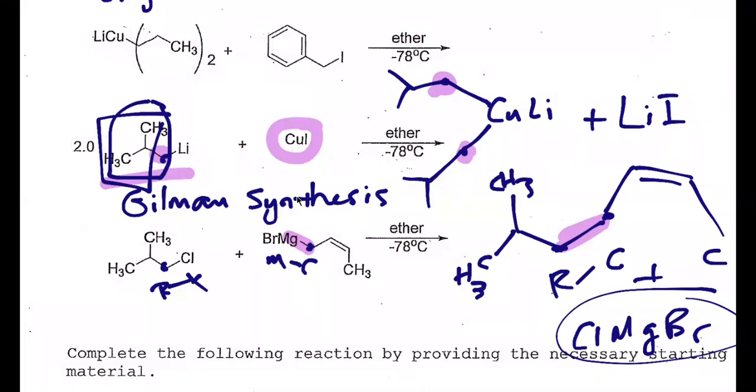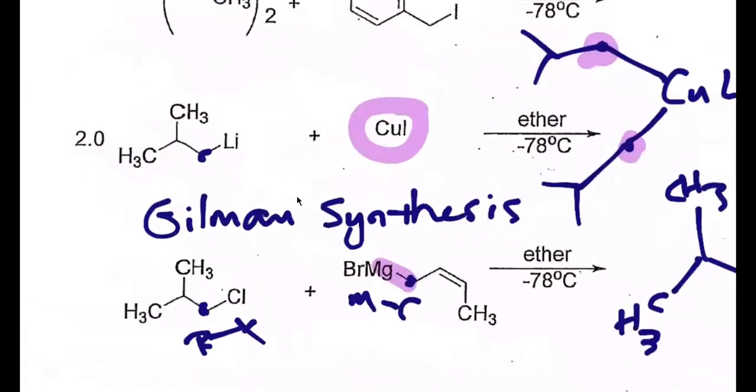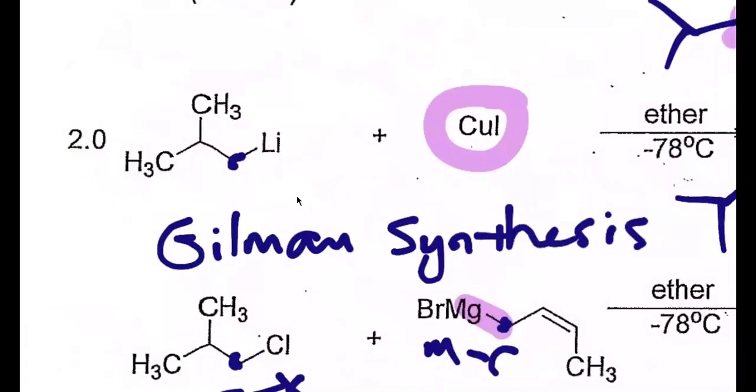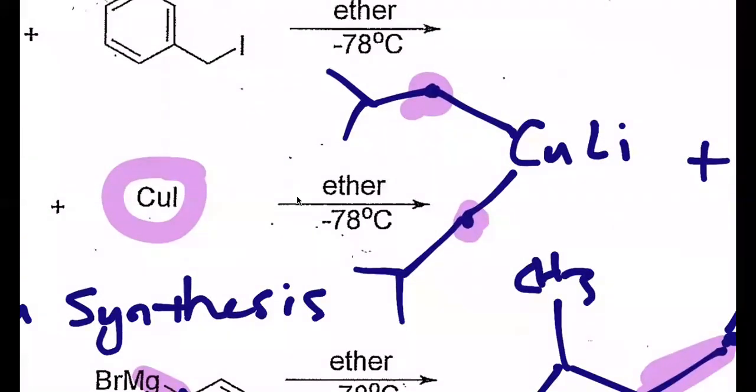Let me erase all this other stuff. Can you see how this carbon right here is what's attached to lithium? Yeah. So that's the carbon that's going to end up attached to copper, which is why I drew it like that over here. Can you see that up here? Yes. I'll put the CH3s in, that might help.